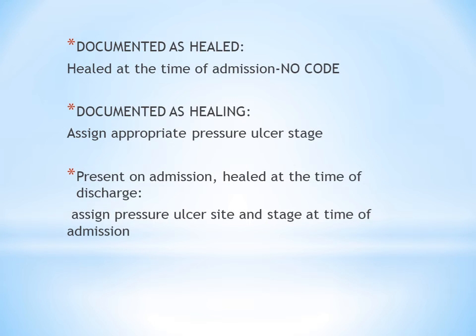Whatever be the stage at the time of admission, for that you have to code. For example, the patient has a stage 1 pressure ulcer at the time of admission and it is healed at the time of discharge, you have to code for stage 1 pressure ulcer. Whatever be the stage at admission, you have to code that stage.